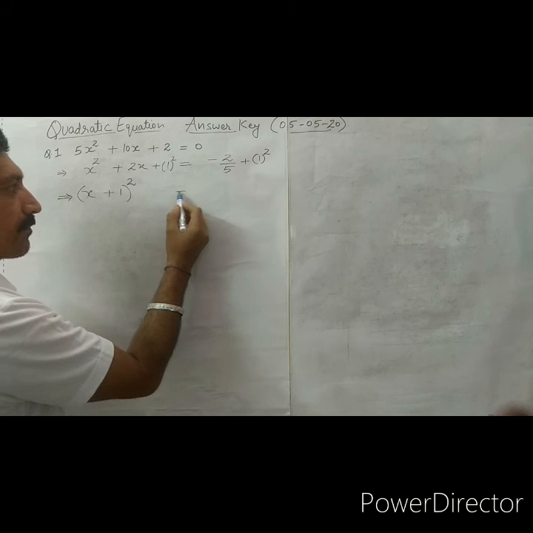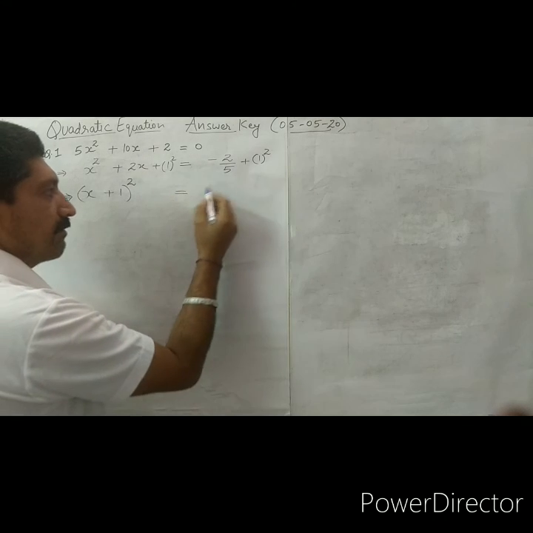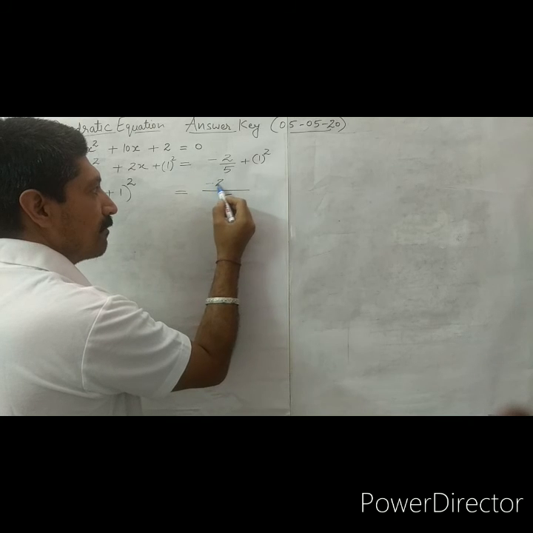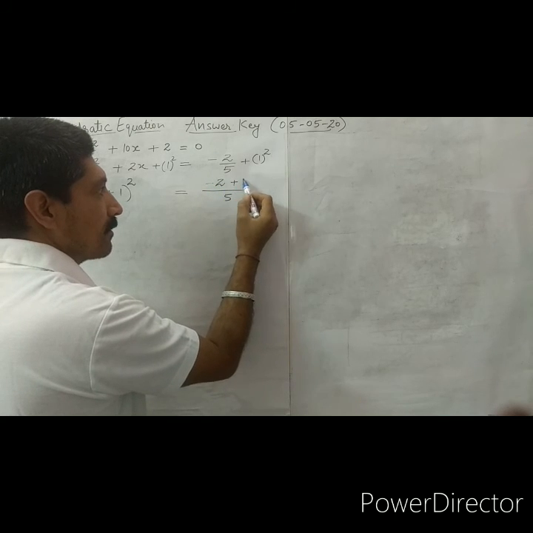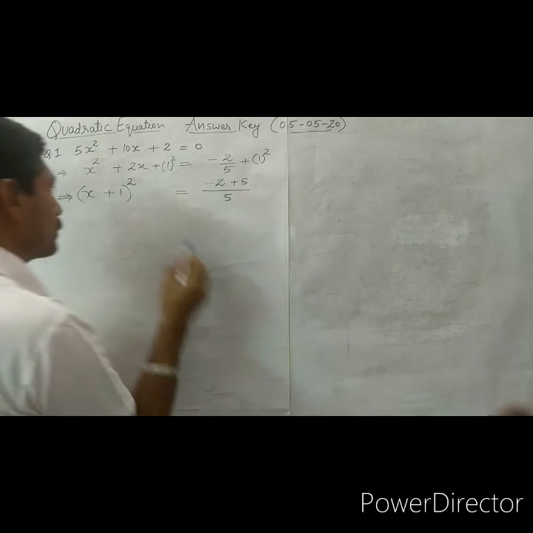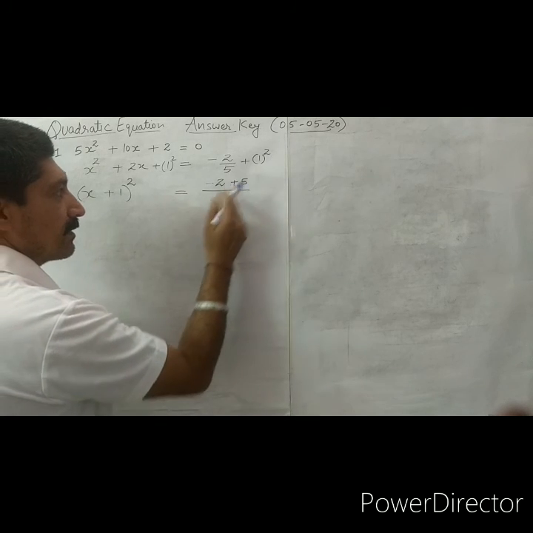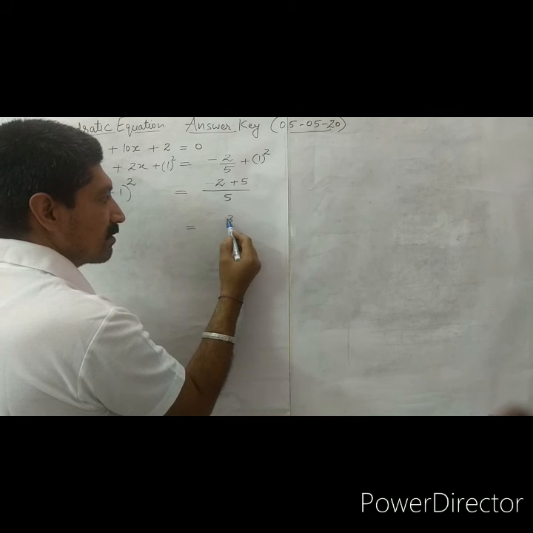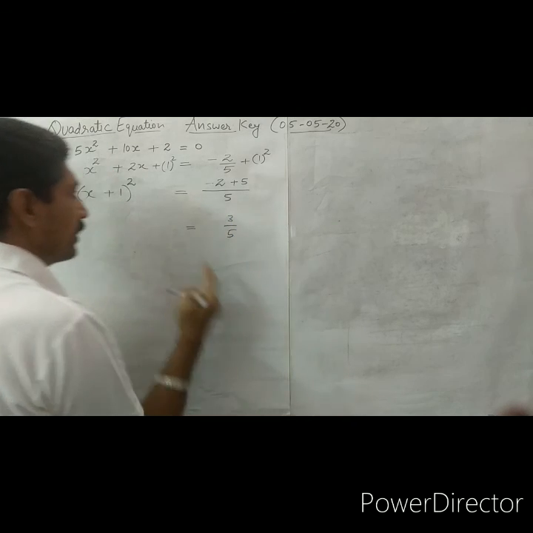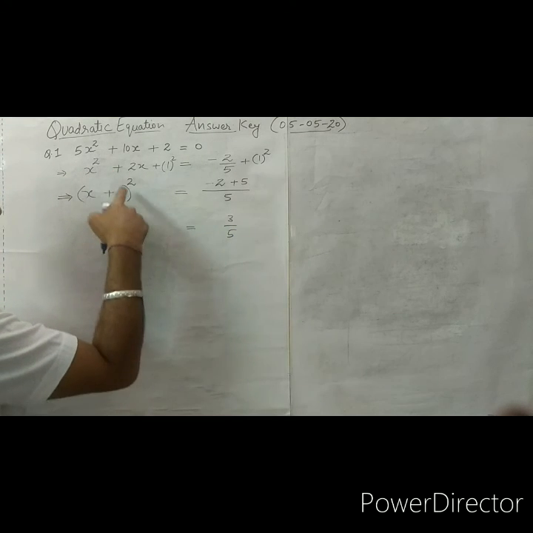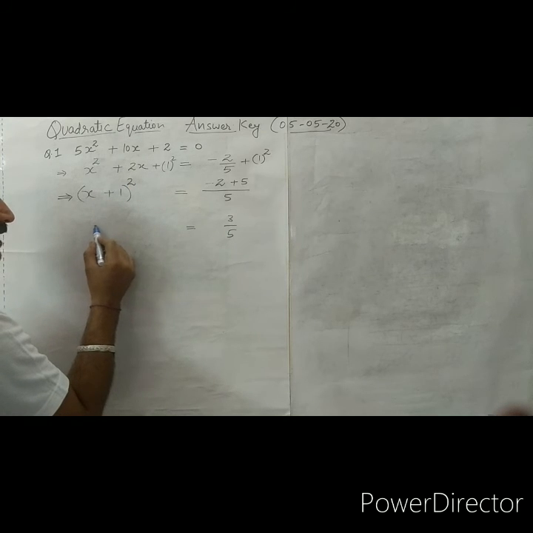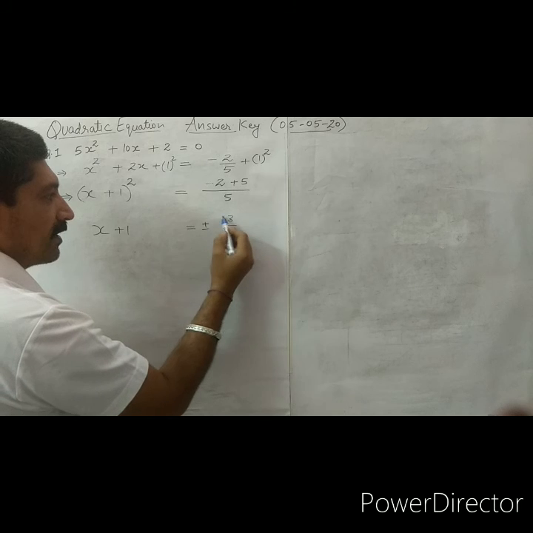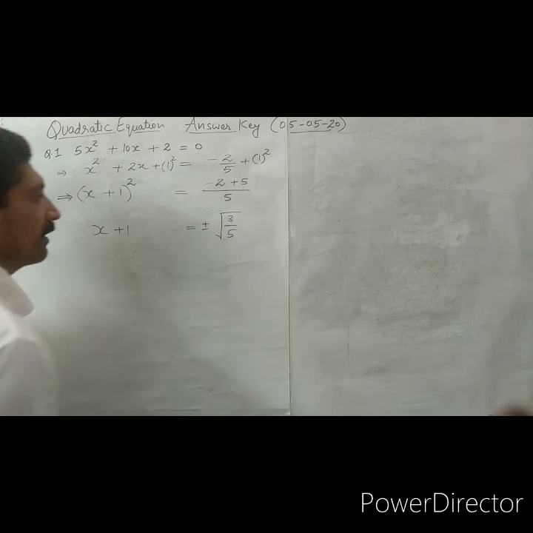And this side, if we take the LCM, then it is minus 2 plus 5. So this is equal to 3 upon 5. Now taking under root both sides, x plus 1 is equal to plus minus under root 3 upon 5.